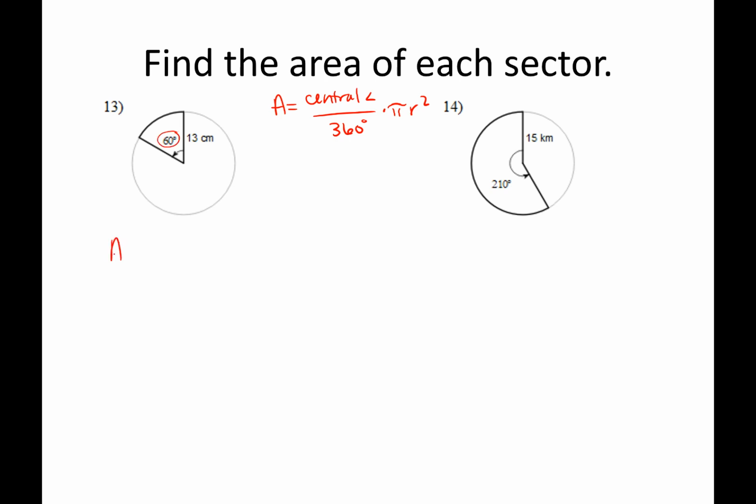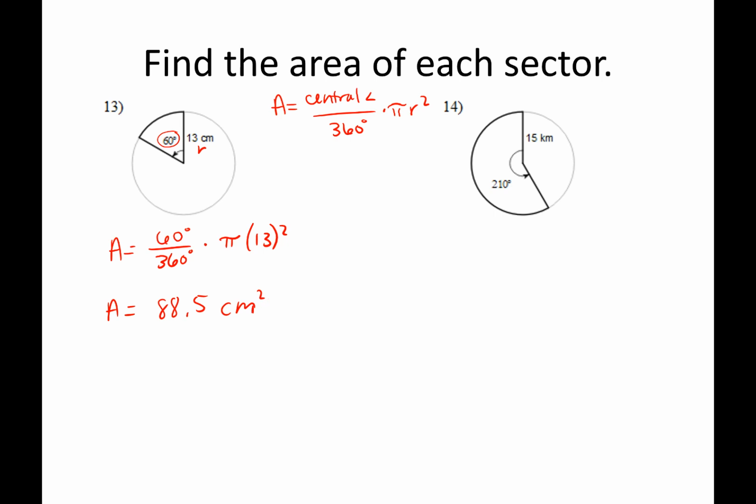So I would say area equals 60 over 360 times pi, and my radius is 13, squared. And again, put that in your calculator, multiply it all out. You should get 88.5 centimeters squared.